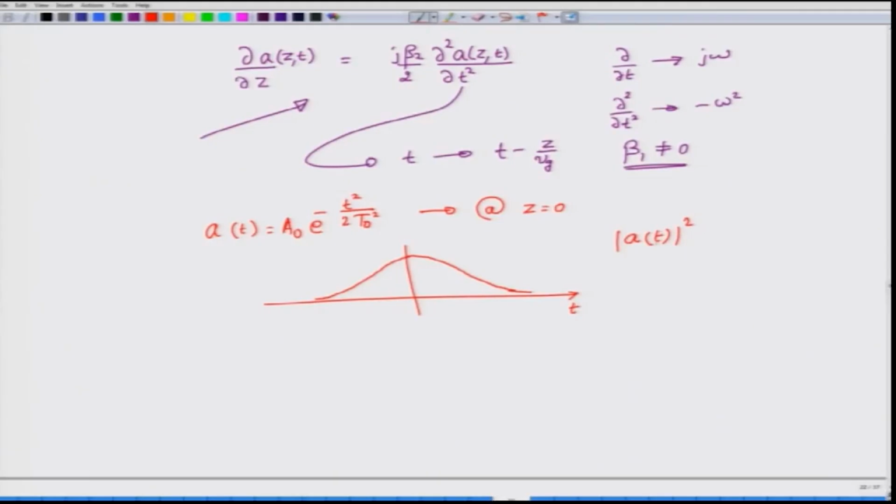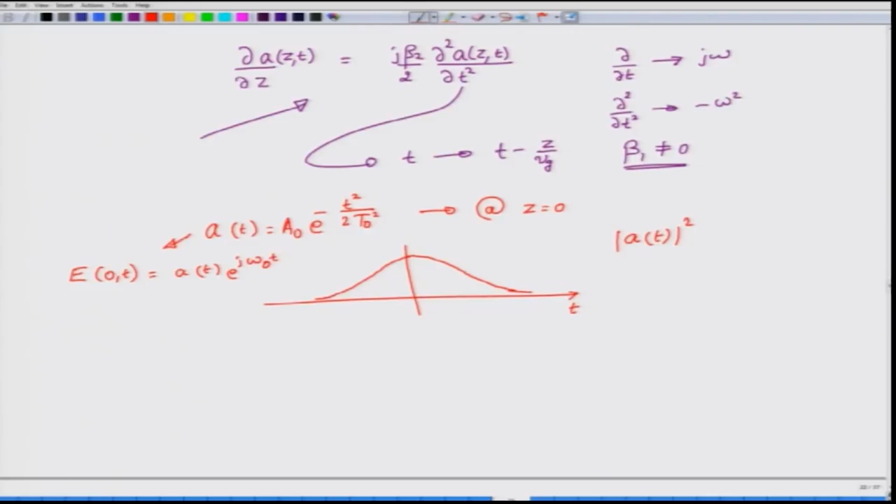What is the significance of magnitude square? Well, what is the significance of a of t itself? The electric field itself at z equal to 0 will be given by a of t, which is the input pulse that you have launched, times e power j omega 0 t, correct.